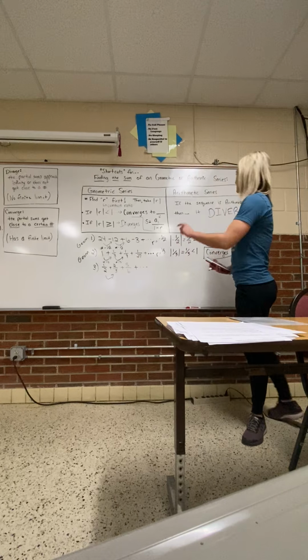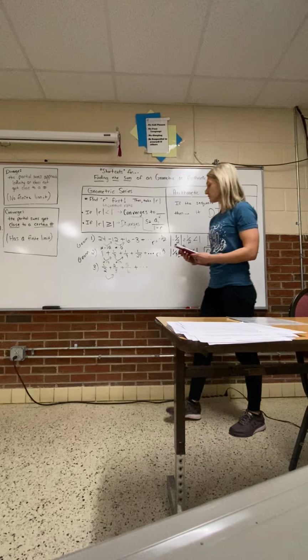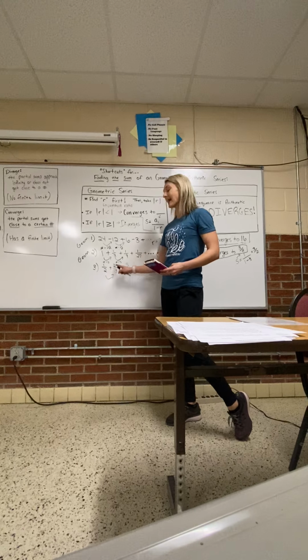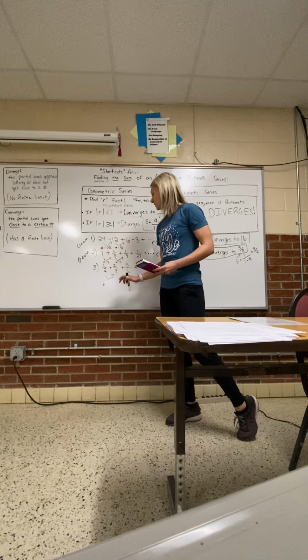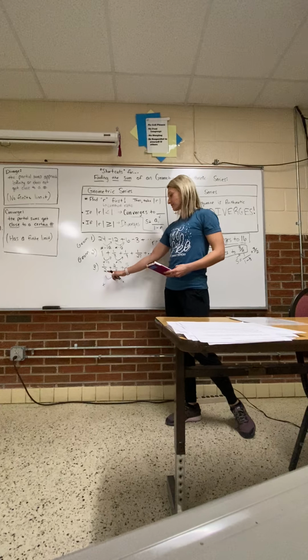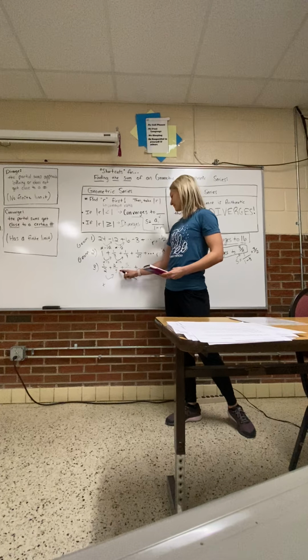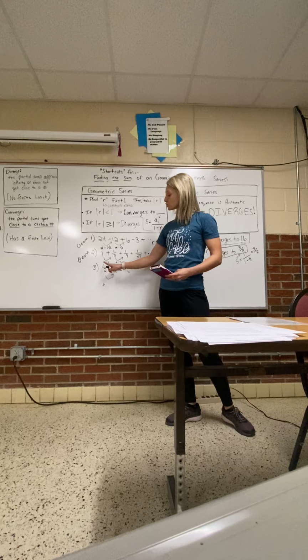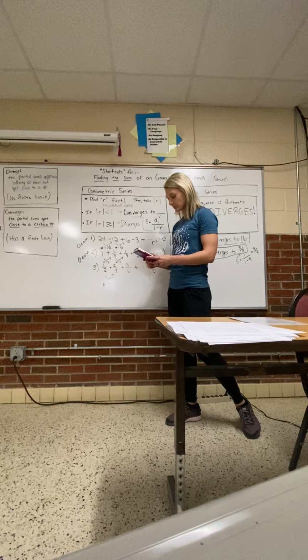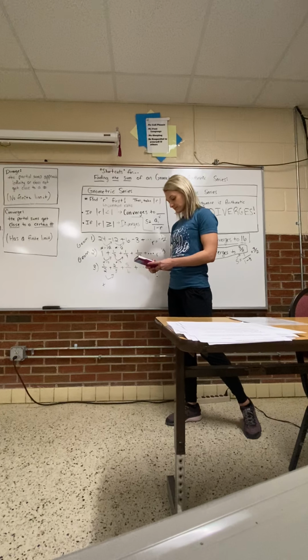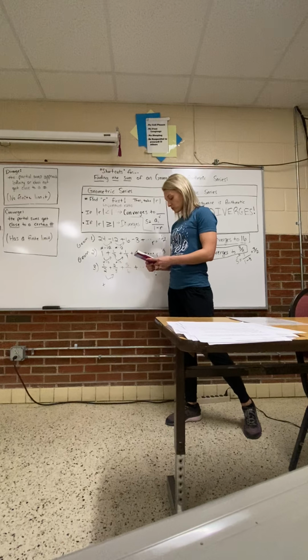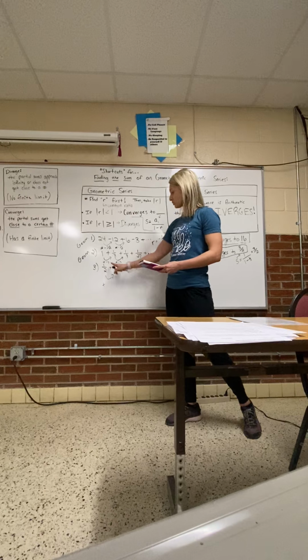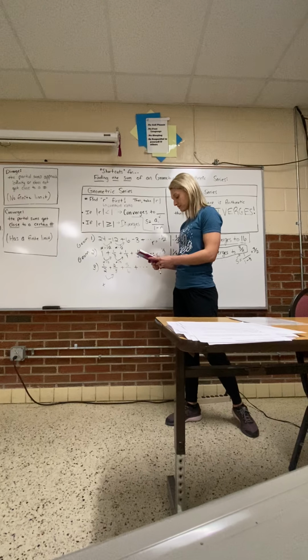So now we've got to see, is it arithmetic? Okay, well, to see if it's arithmetic, that means I'm adding a constant number. So to figure out what that number is, because again, fractions are not fun to deal with in that case, you take one of its terms and you actually subtract the one before it. So I'm going to take 2/3, and I'm going to subtract the one right before it, which is 1/2.